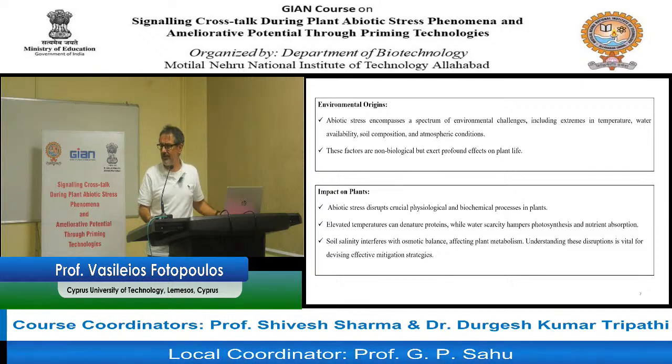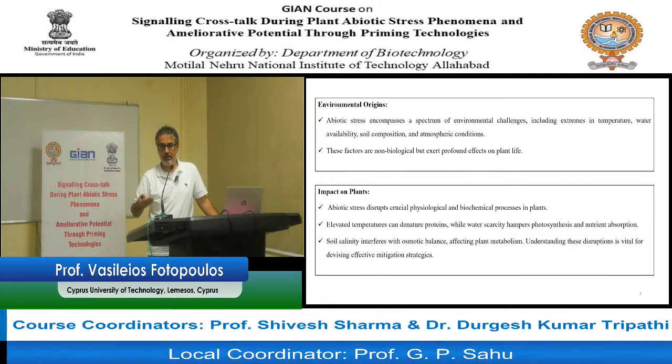So this is unfortunately a reality, and all sorts of stressors, as well as high ozone levels, represent a threat to the plants, exerting a very profound effect on plant life.